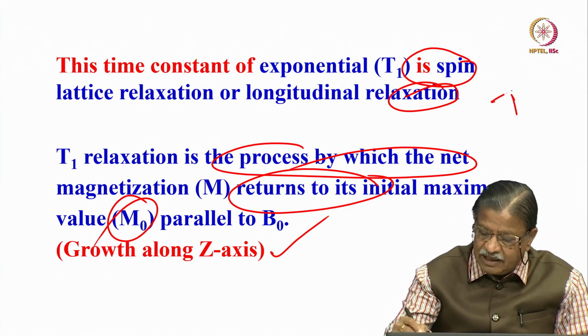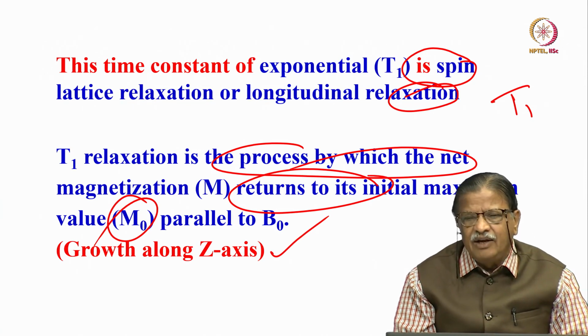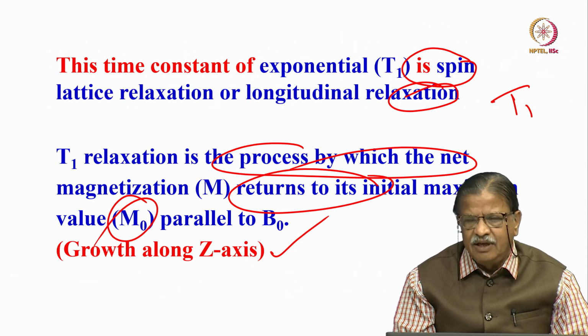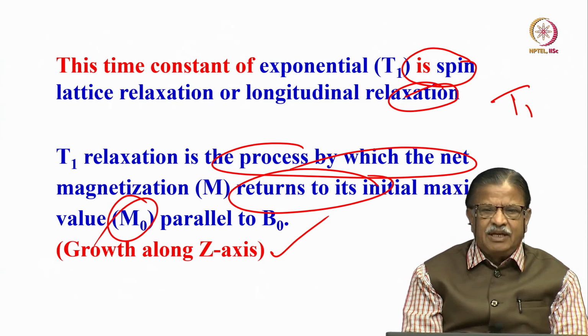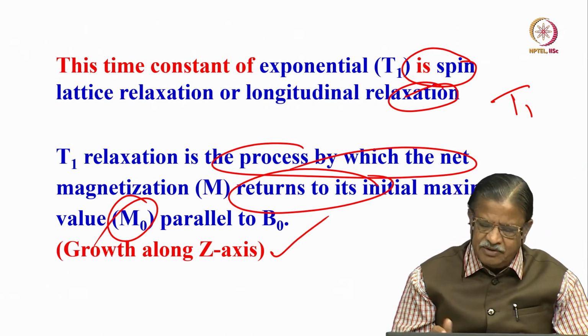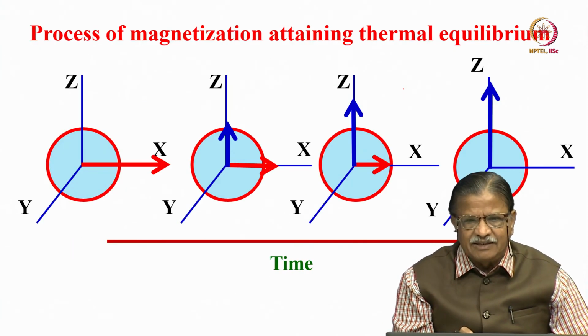It is also called T1. It is also called longitudinal relaxation time. It is also called longitudinal relaxation, growth of magnetization along z axis, spin lattice relaxation, attaining thermal equilibrium. All these are the terminologies that are normally used. But remember, T1 is a relaxation time. It is spin lattice relaxation time.